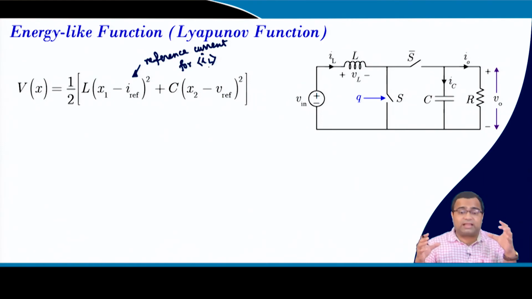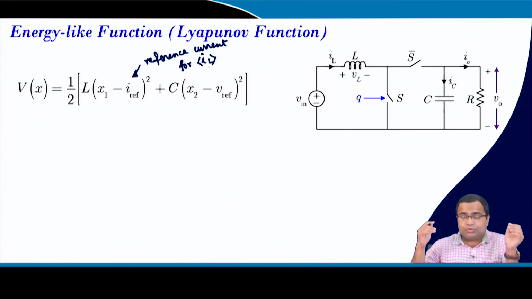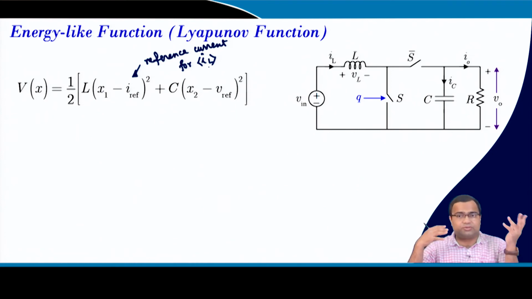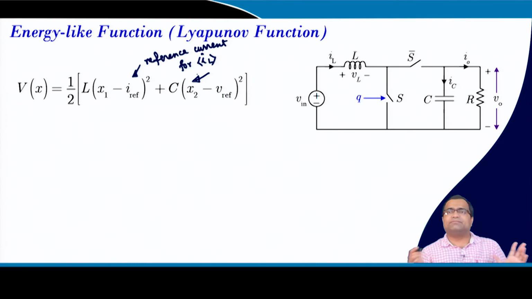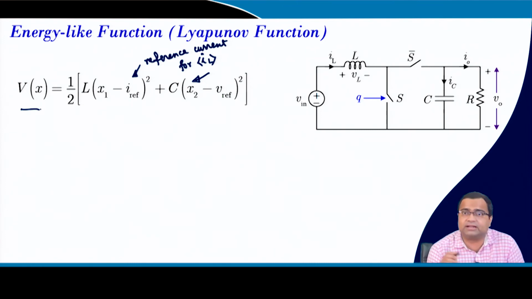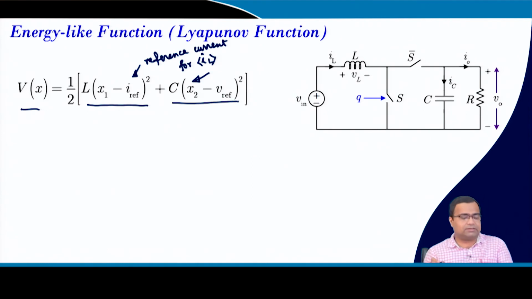That means we want the average inductor current to track the reference current, or they should be equal at steady state. Similarly, we want the average output voltage to be equal to the reference voltage, that is our desired, and that is why we have constructed the energy-like function. It looks like half L I squared, but this is an error current, and half C V squared, and this is an error voltage.